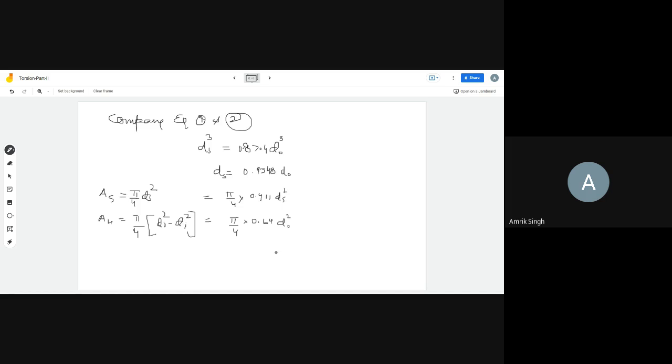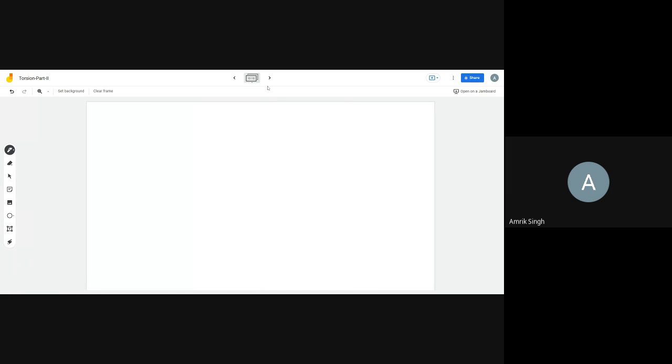Right. So when you compare the areas, area of the solid shaft divided by area of the hollow shaft will be equal to 1.4244. So this you can calculate yourself also. So that means the area of the solid shaft will be 1.4 times more than the hollow shaft.